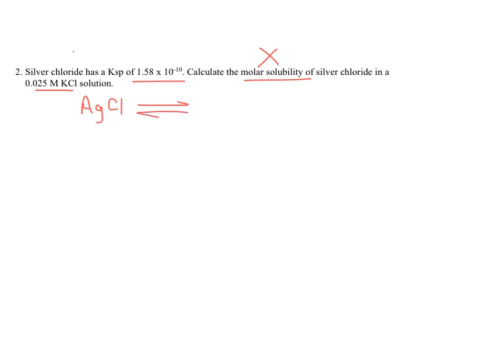So here's how this problem is different from the others that we've done so far. We're not going to fill in my ICE table right here. In our previous questions, we have just put 0 as our initial concentration for each of these ions. But this is not just dissolved in water. This one is dissolved in a solution that already has chloride ions in it.